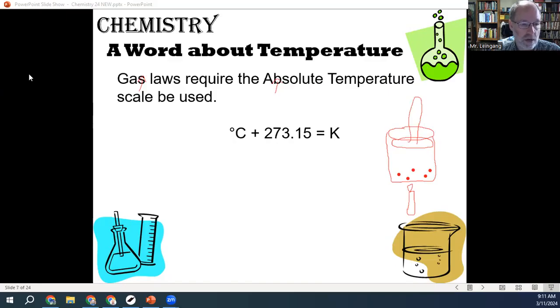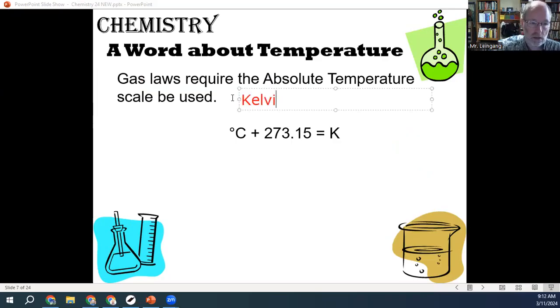Now, as soon as we start talking about temperature and gases, we need to then introduce the idea of the absolute temperature scale. The absolute temperature scale is also called the Kelvin scale. Kelvin was a scientist that we named this after, and it was pretty smart to think about.